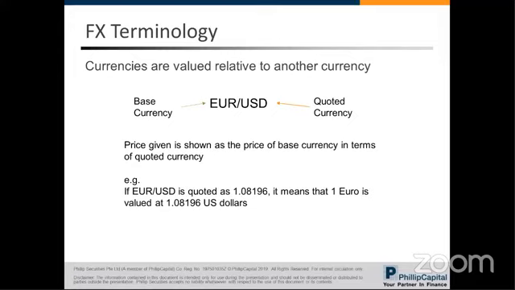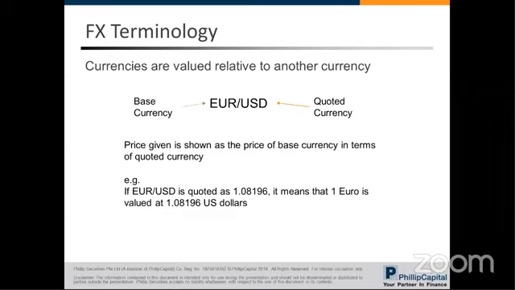So for FX terminology, you can see that currencies are quoted in two currencies, for example, Euro USD. How you interpret this is that the first currency you see, Euro, is the base currency.